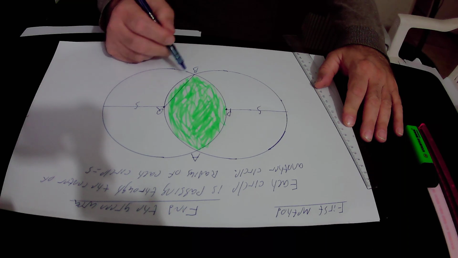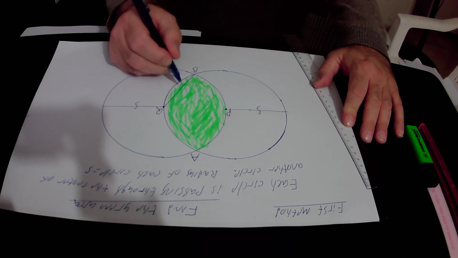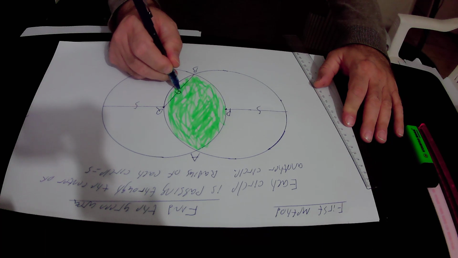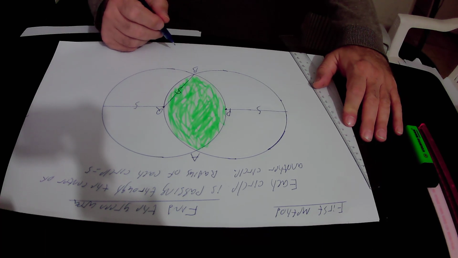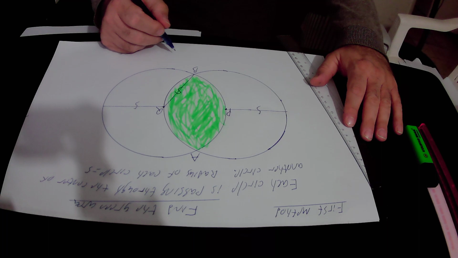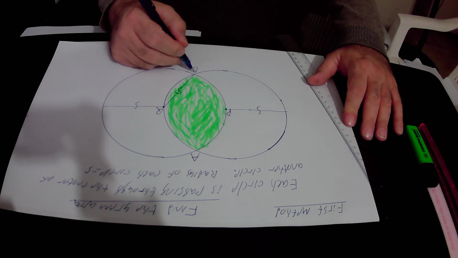Therefore BQ is the radius of this circle, that is to say it equals 5 units. We will join together points P and B by a straight line.